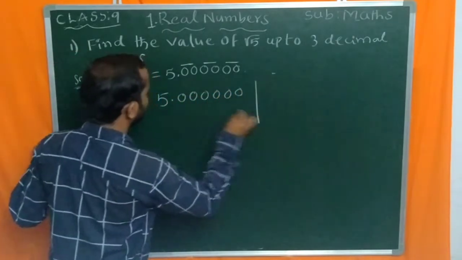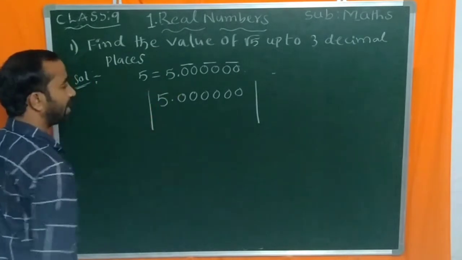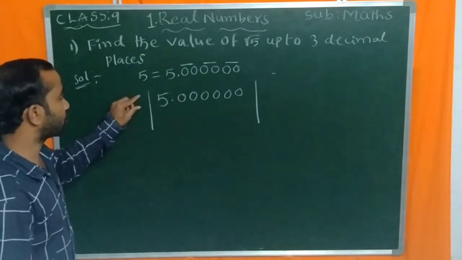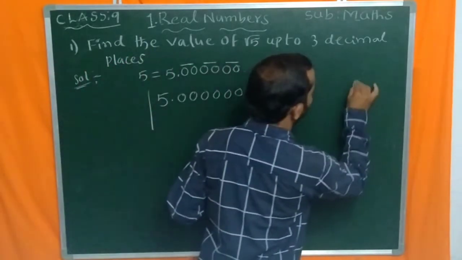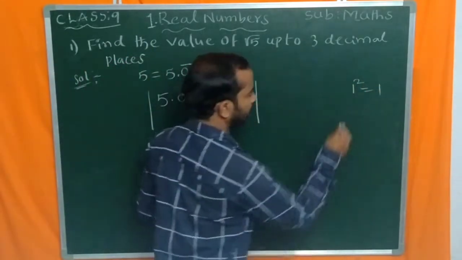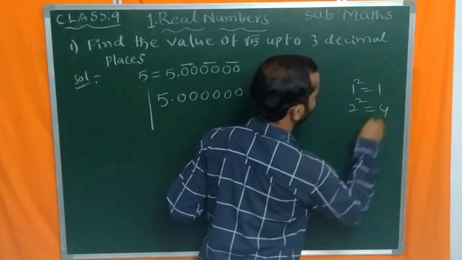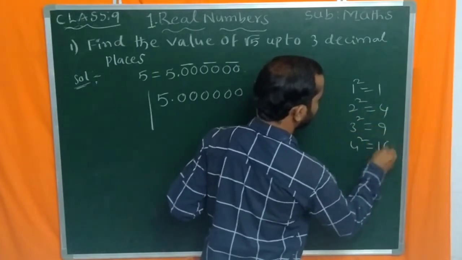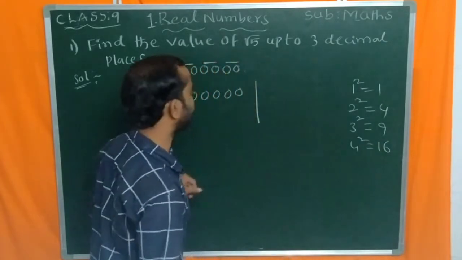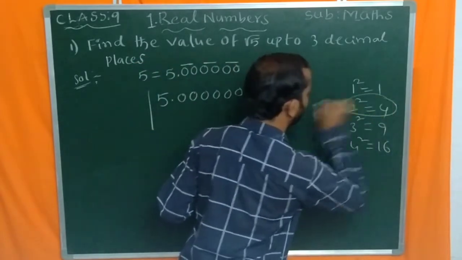5.0000. We take the perfect square nearest to 5. Here 1 squared is 1, 2 squared is 4, 3 squared is 9, 4 squared is 16. The nearest perfect square is 4.